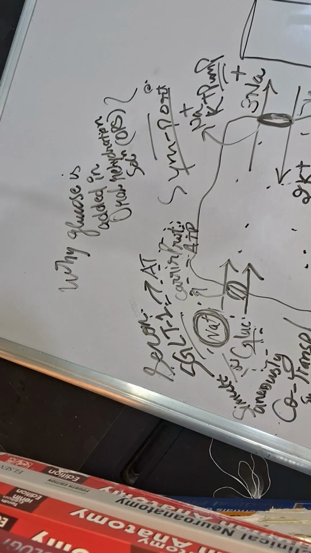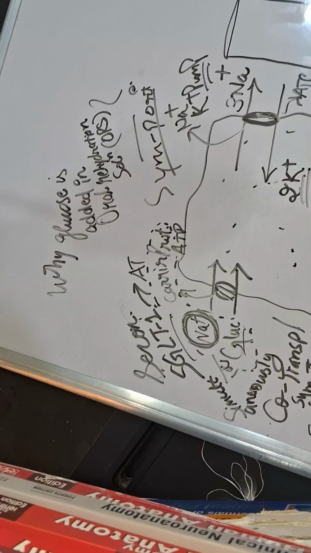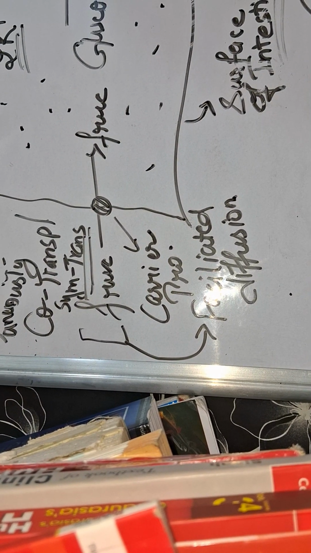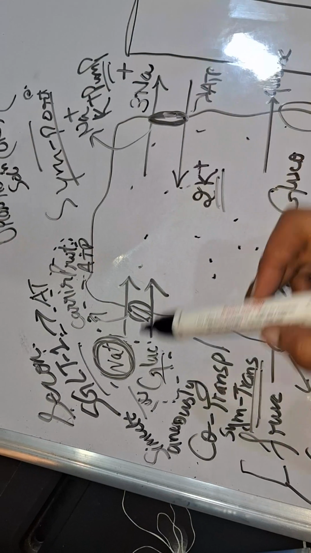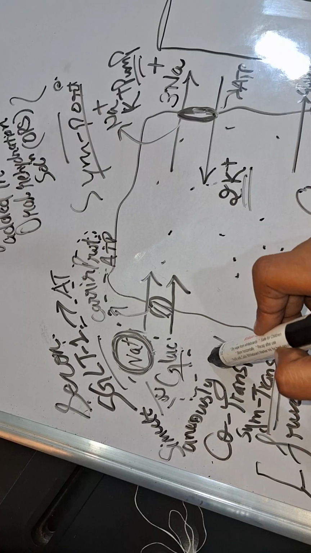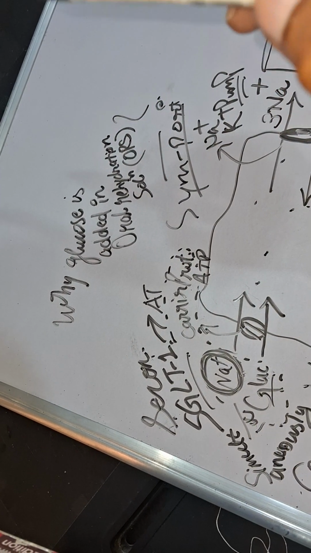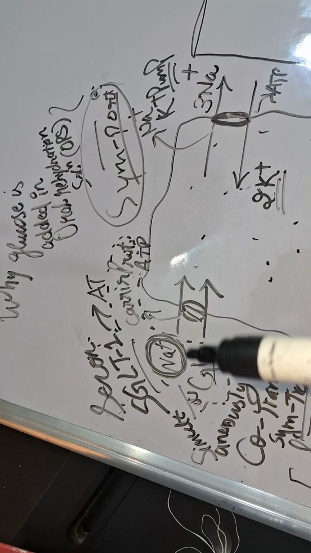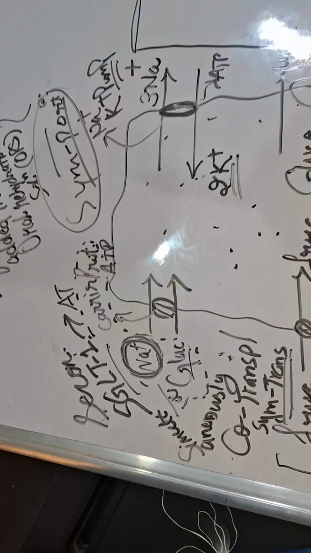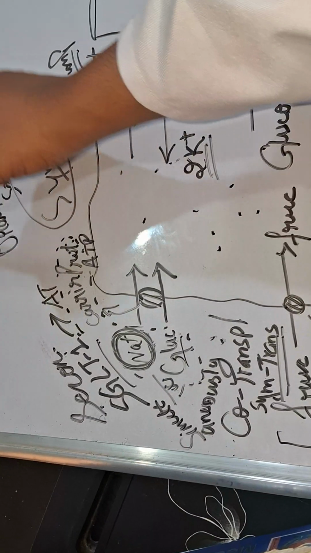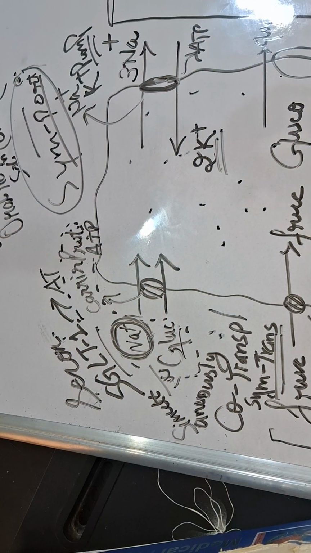Okay? Glucose is going inside the cell, and sodium is accompanying the glucose. Therefore, glucose is added in an oral rehydration solution. The symport will take place. Both glucose and sodium simultaneously move inward into the cell. Therefore, glucose is added so as to replenish the electrolyte.